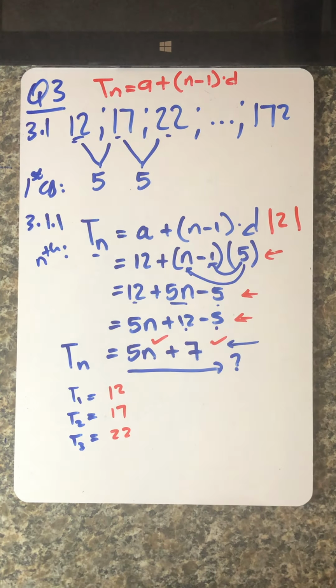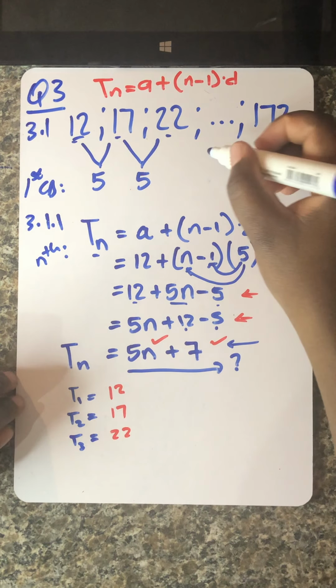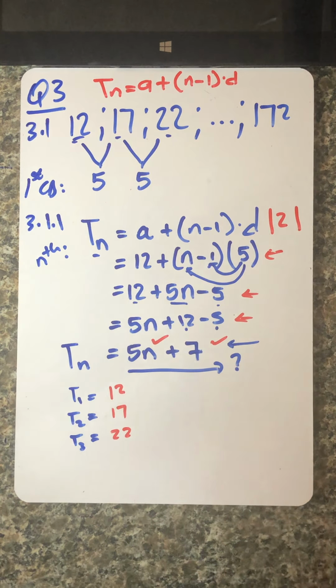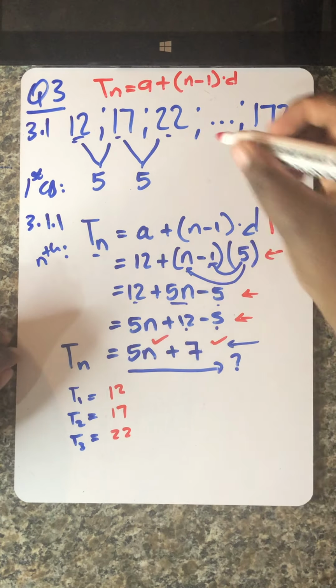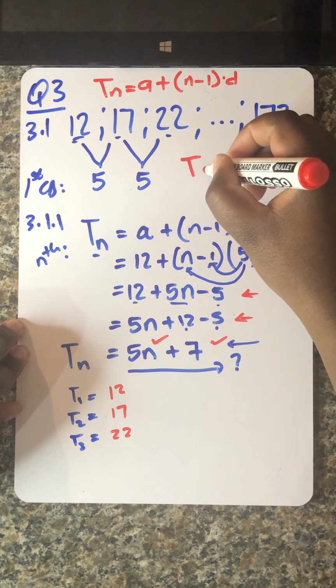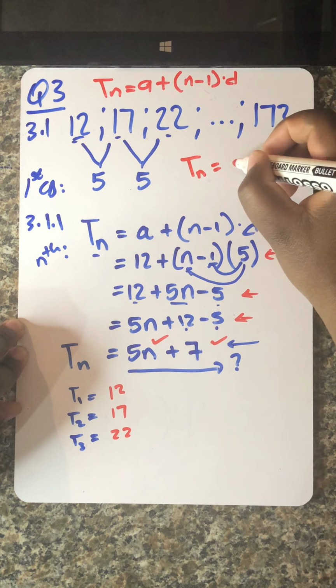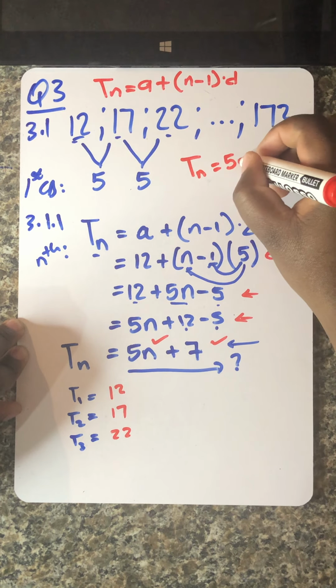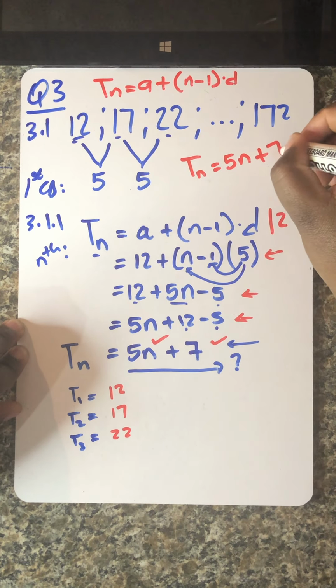So now I think we can move to question 3.1.2. Ladies and gentlemen, let me just write this formula somewhere so that in case we need to refer to it, we don't lose it. Tn is 5n plus 7.